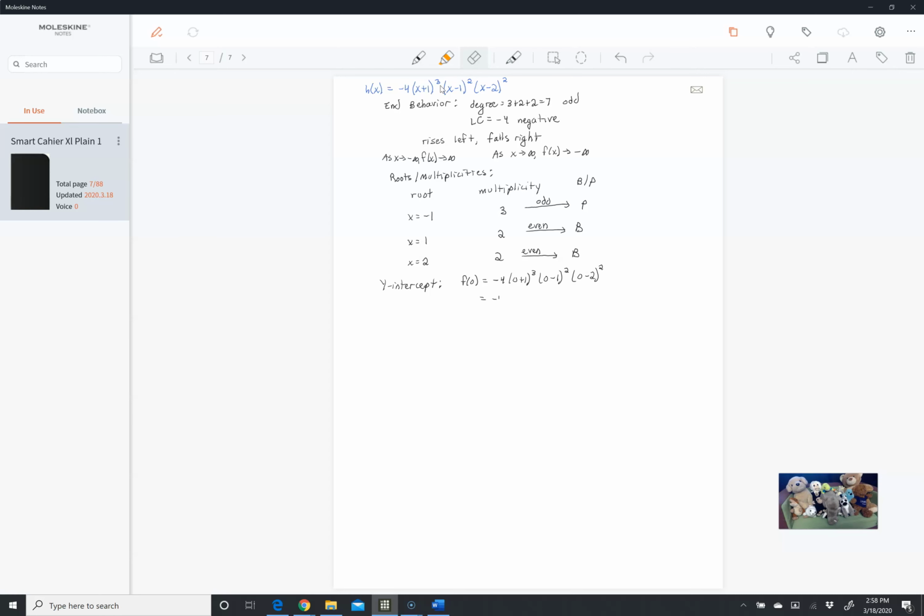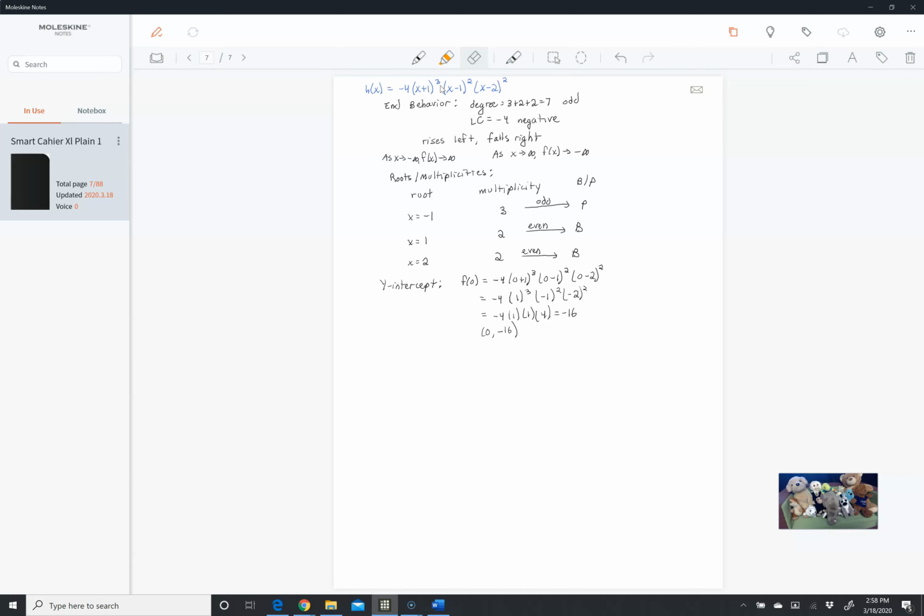So that's -4 times 1 cubed times -1 squared times -2 squared. This gives us -4 times 1 times 1, because the negative is getting squared, times 4. Again, the negative is getting squared. So we get -16. So our y-intercept is (0, -16).